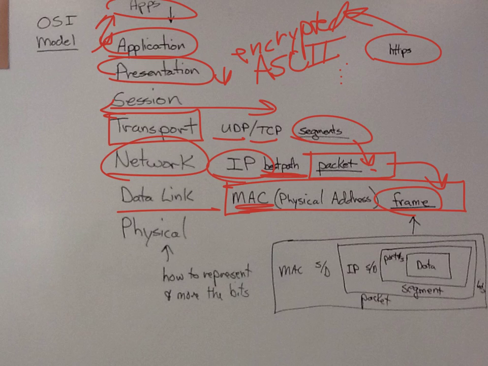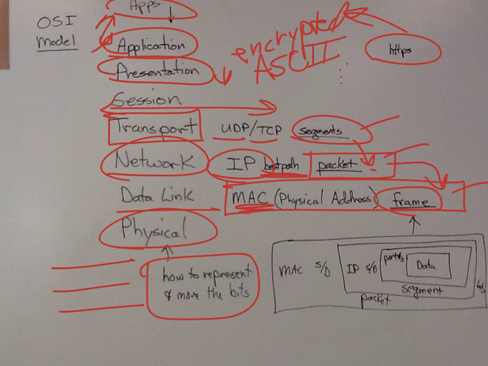So if you think about the encapsulation, inside there we have probably a port number, then we have IP addressing, then we have MAC addressing on the outside. And then the physical layer, how do we move the bits either through wire, wireless, or fiber?